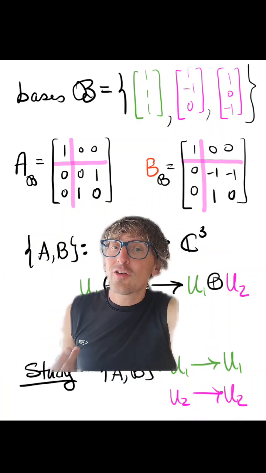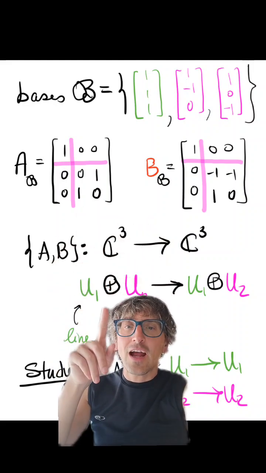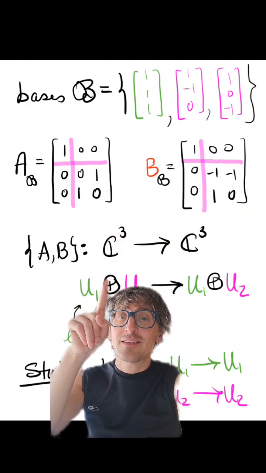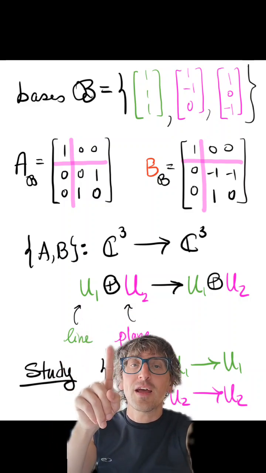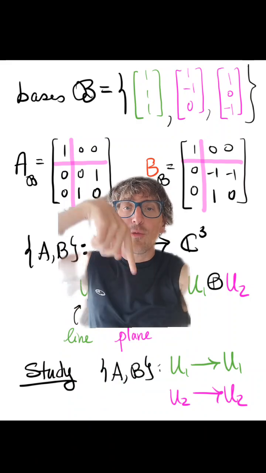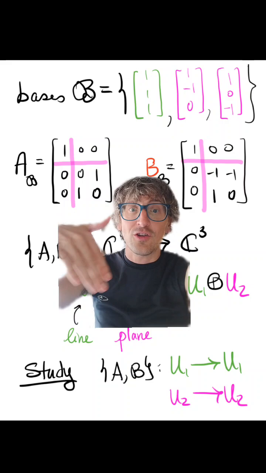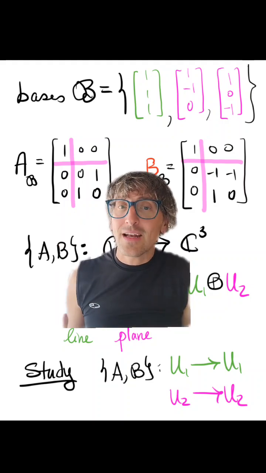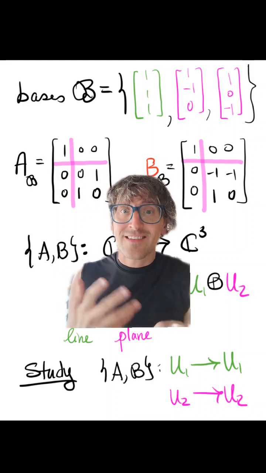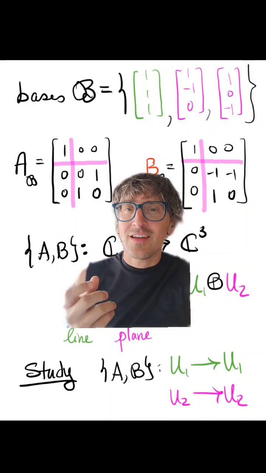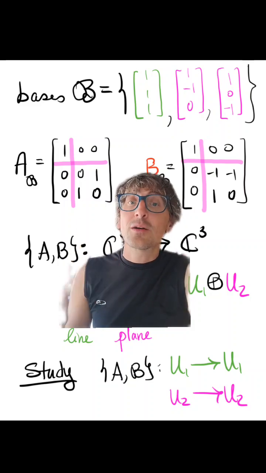Now notice that neither of them is diagonal, but the fact that we've split it up means that our big vector space C3 splits up into two smaller ones, a line and a plane, in such a way that when we look at the matrices A and B, they're just going between U1 and itself. But this is the main idea of representation theory: you look at matrices, or more generally a set of matrices, and you try to see, is there something that's going to be fixed by all of them, and how can we decompose those things?